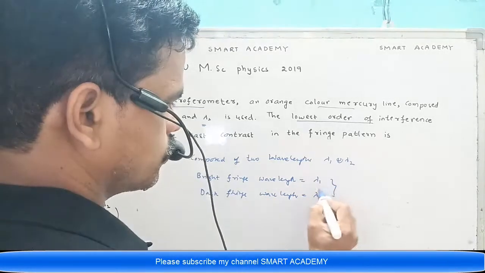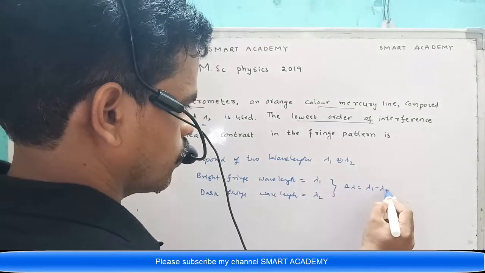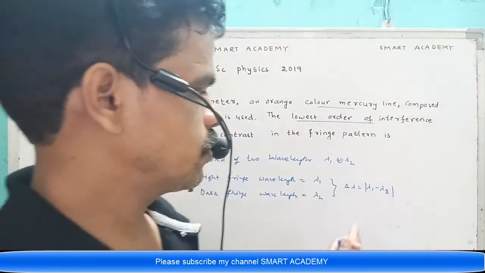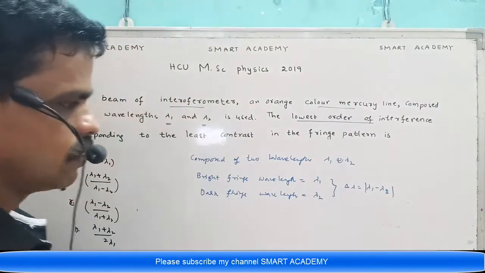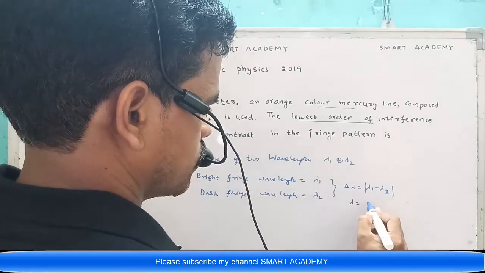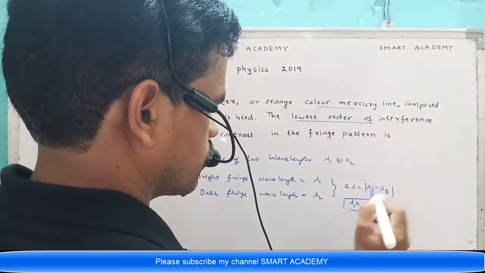The difference of these two, that is delta lambda, equals modulus of lambda 1 minus lambda 2. If lambda 1 is more, subtract from lambda 1. If lambda 2 is more, lambda 2 minus lambda 1. So here lambda 1 is equal to lambda 2 plus delta lambda. Just remember this relation here.